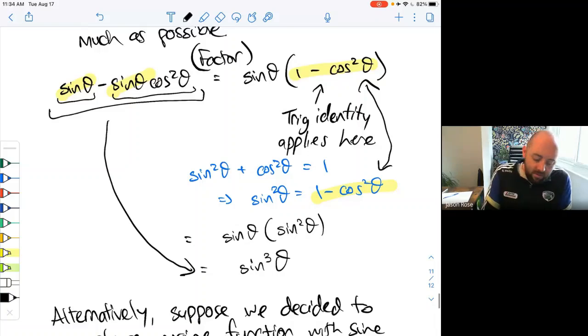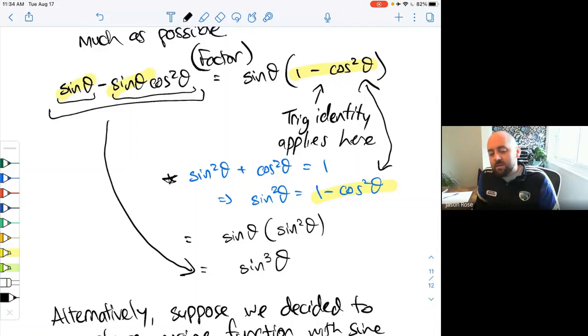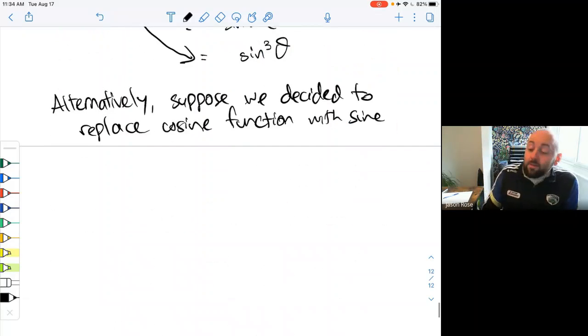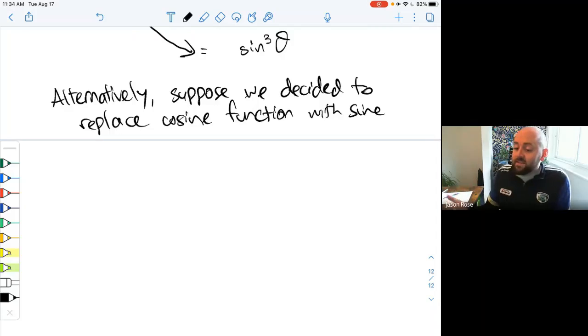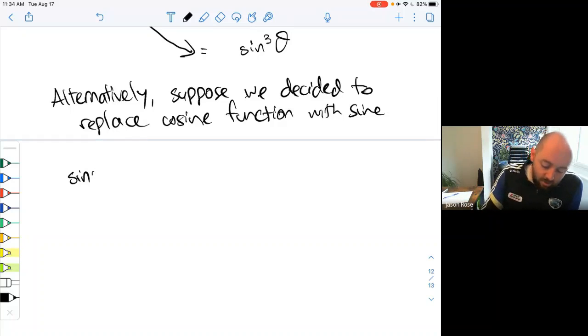I could use this identity here to get rid of the cosine and put in sine instead. And then I would have an expression that only has sines in it instead of sines and cosines. That sounds more simplified to me.